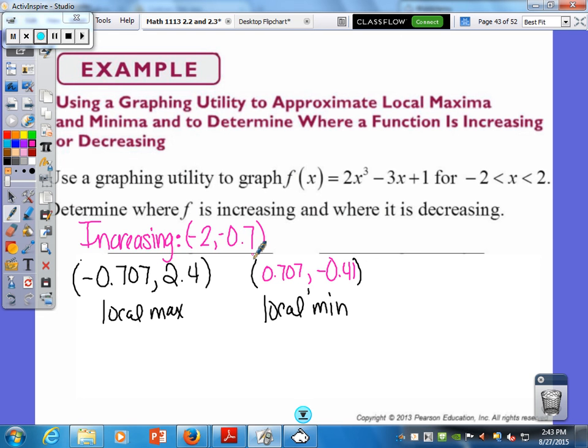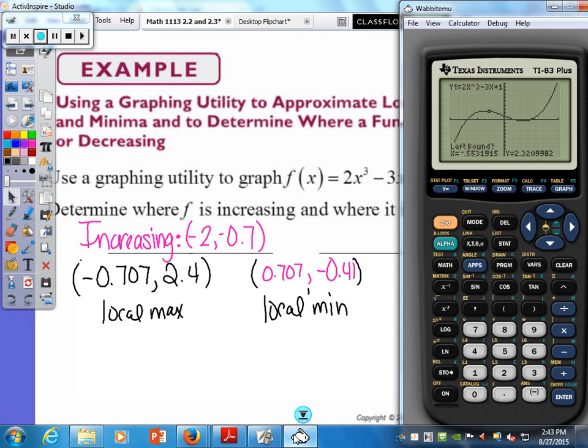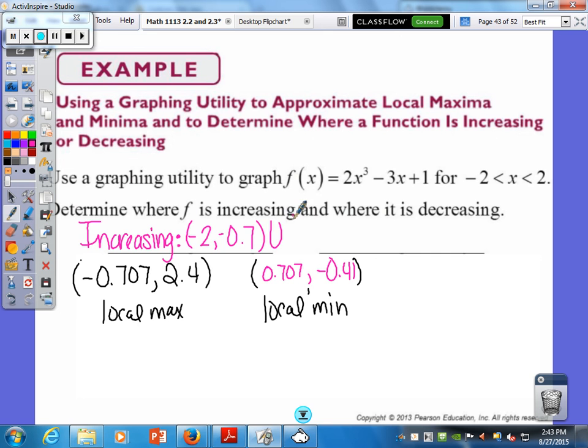I'm shorthanded and being lazy about it, but from negative 2 to negative 0.7, I'm increasing. It's also increasing from this value to positive 2, correct? So I'm going to union it with 0.7 to positive 2. Those are our intervals of increasing.